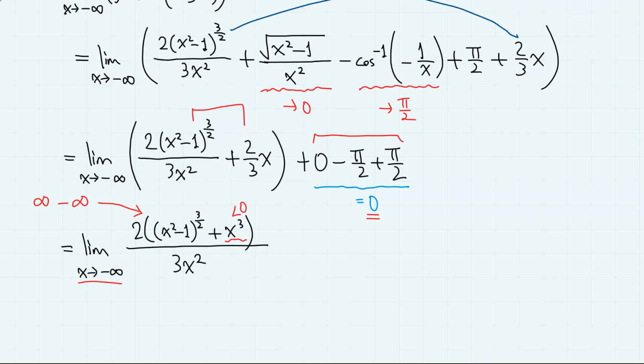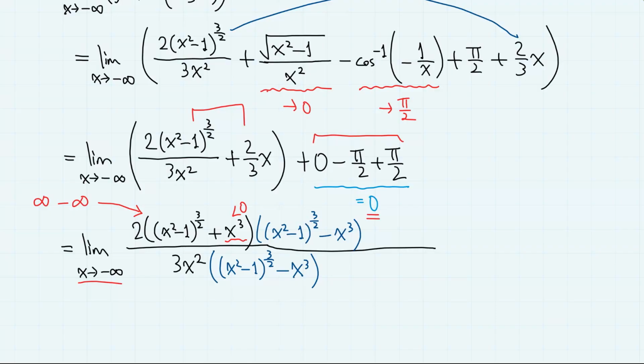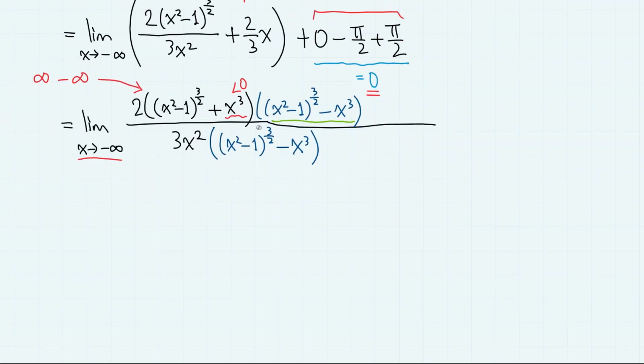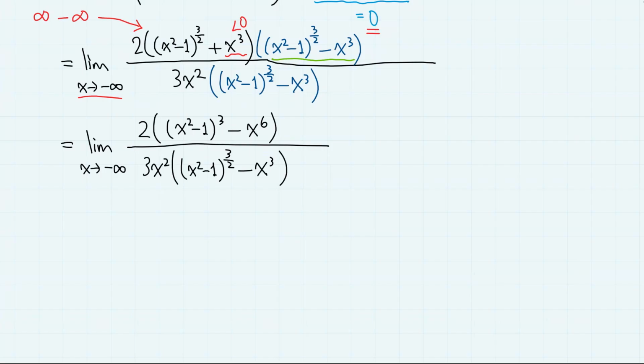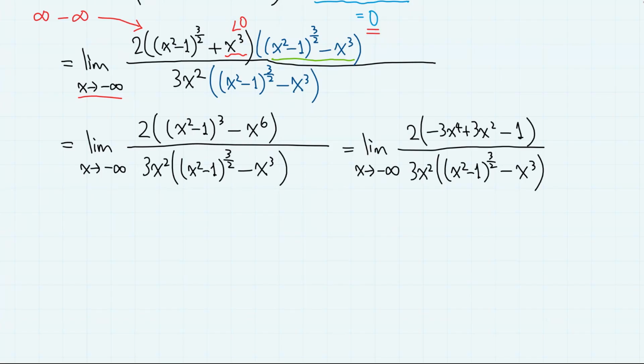In order to eliminate this form, we multiply x squared minus 1 to the power of 3 over 2 minus x cubed on both numerator and denominator. So we have this, and by simplifying the numerator, we obtain this. And here's the important thing.